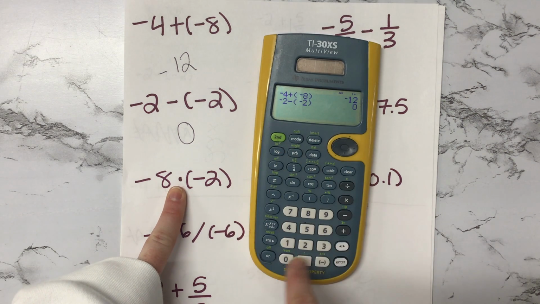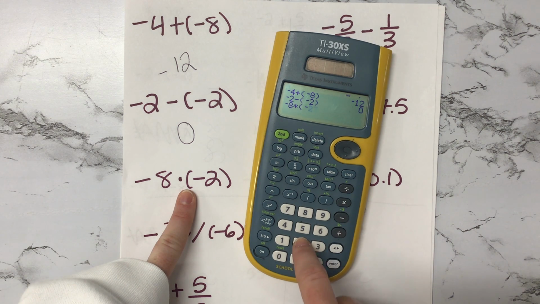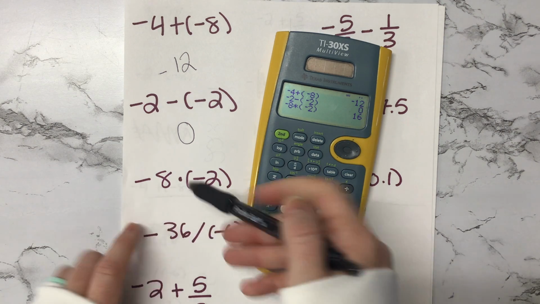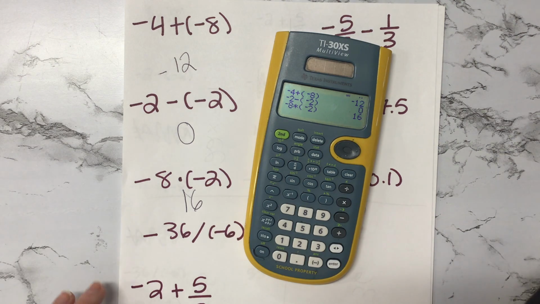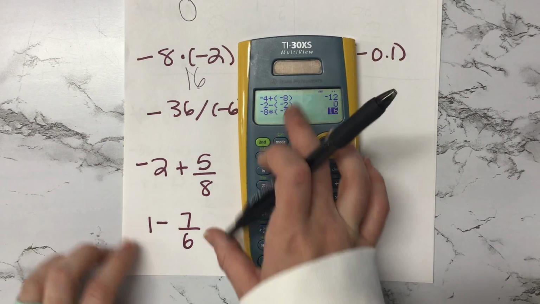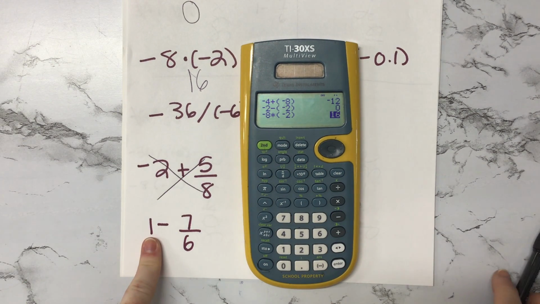Okay. So this one is -8 times parentheses -2, 16. Okay. I'm going to skip to the fractions. Let's do just this one.